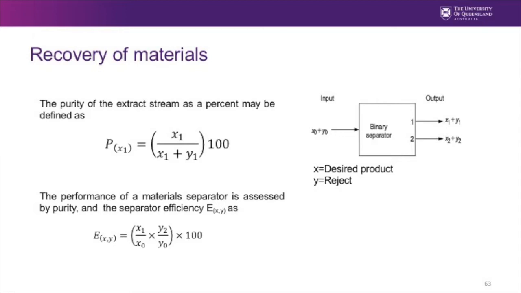As you can see on the right figure, is a diagram of a binary separation that I'm explaining to you, where I say target product, but we can also call it desired product, X, and Y is the rejected product. So all these two enter into the binary separation.